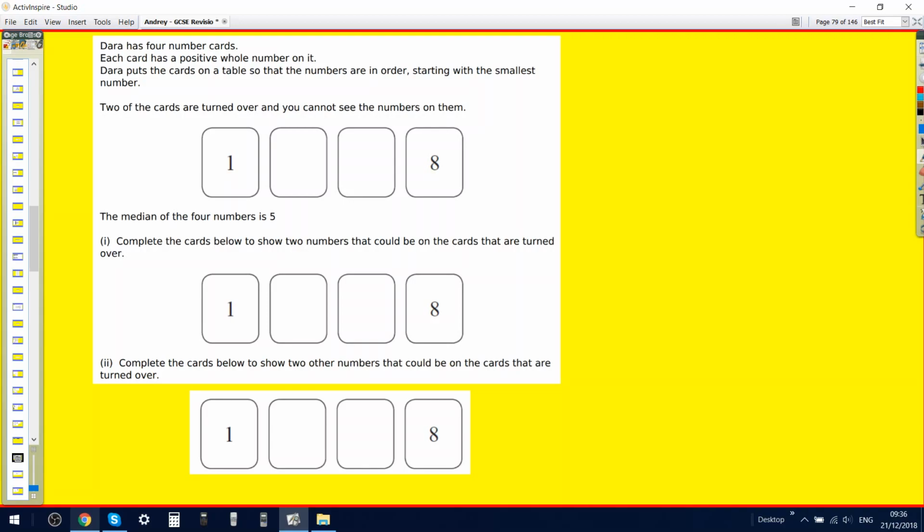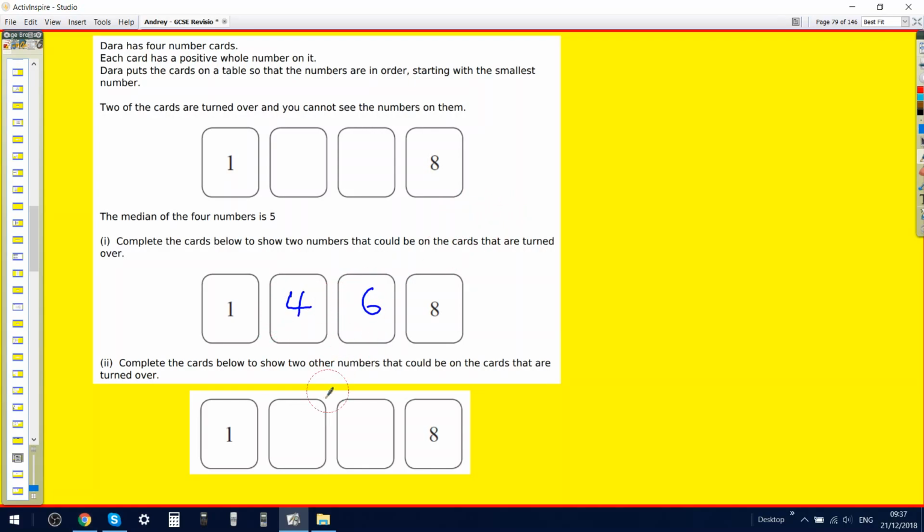So is one possibility of the cards to be like 4 and 6? Yeah.